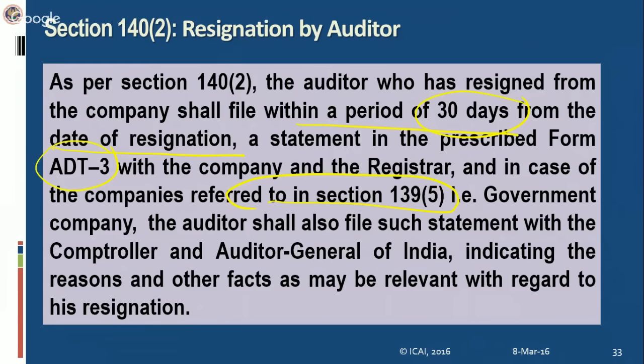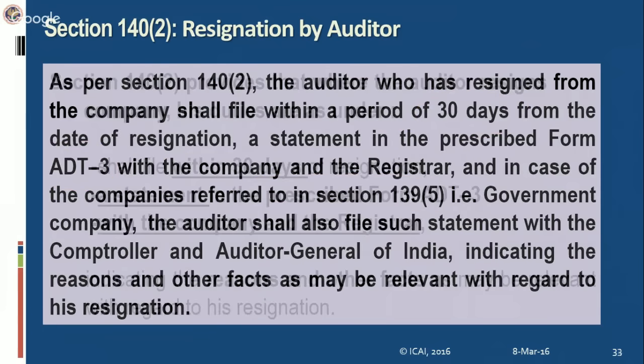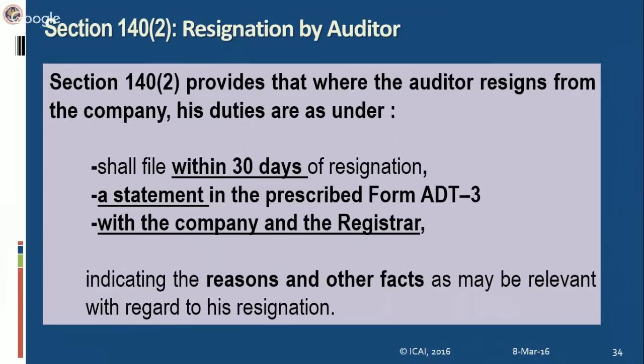Now how do we go with the brief notes? See how we can prepare the brief notes. Section 140 subsection 2 is on resignation of the auditor. Resignation by auditor. It provides that where the auditor resigns from the company, his duties are as under.